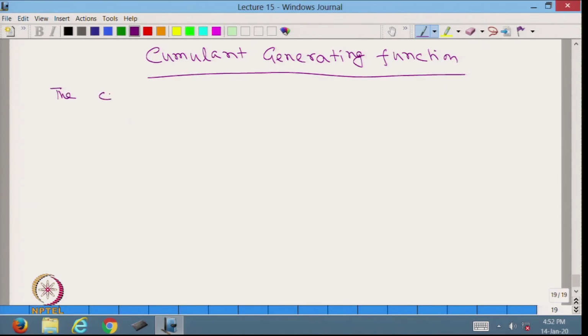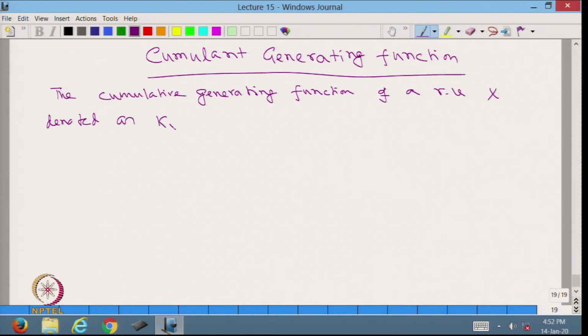The cumulant generating function of a random variable X, denoted as K_X(t), is defined as log of M_X(t) to the base e.